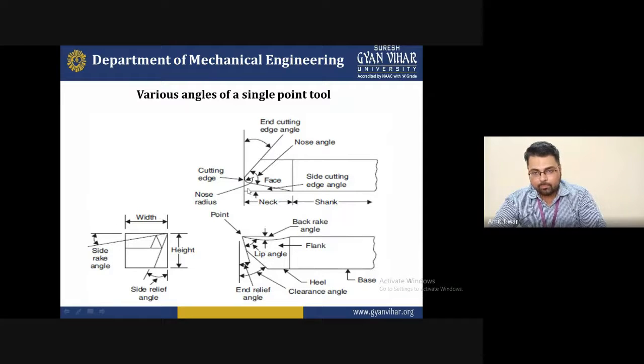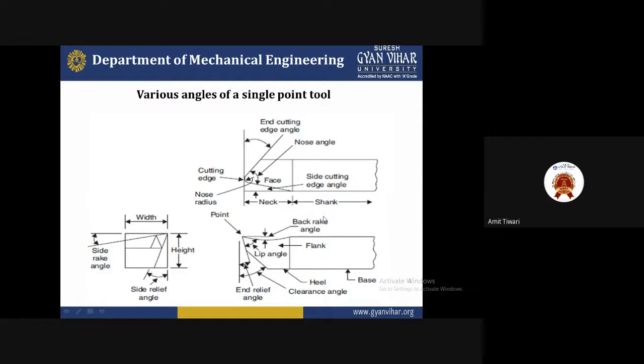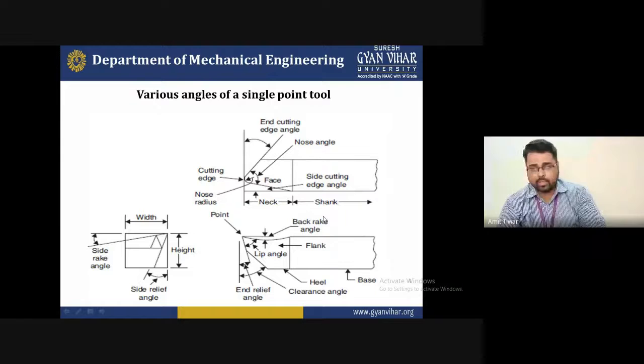You can find the cutting edges, nose angle, side cutting edge angle, back rake angle, and various nose radii. All of these are geometries of a single point cutting tool. What their effect is and why they are very important, we will understand later. First of all, understand what the geometry and nomenclature of a single point cutting tool are.